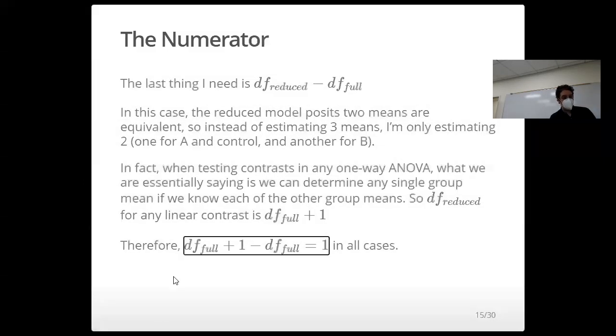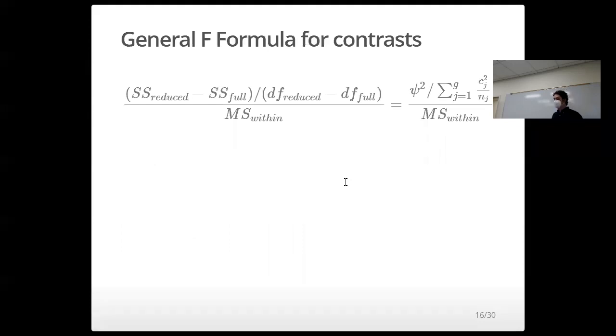But df reduced is df full plus 1. So we have df full plus 1 minus df full. We just get 1. So it's always going to be 1 here. We'll see why later.